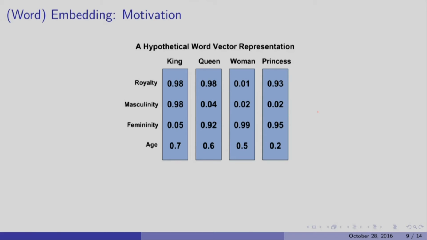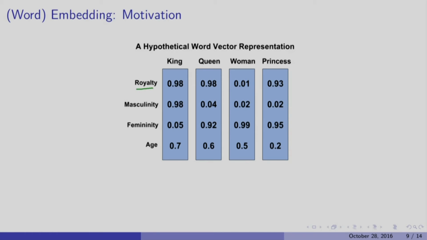So here is a hypothetical word vector representation that could help us achieve the desirable. We would expect that the encoding of king in terms of the hidden layer gives you different measures along different dimensions.